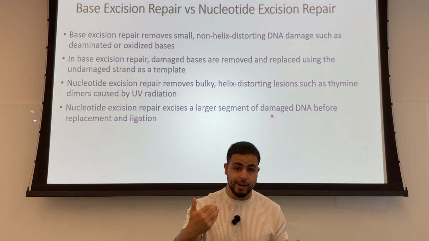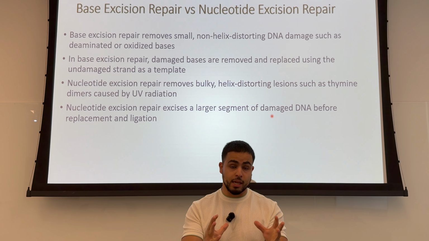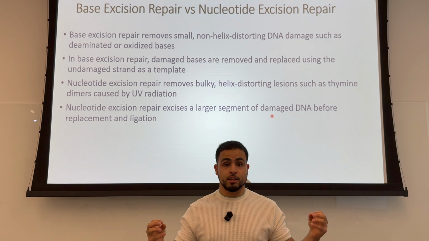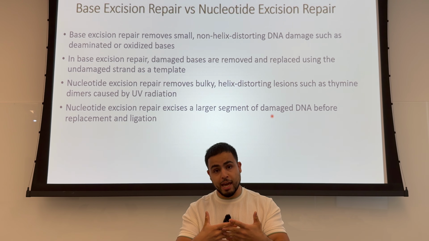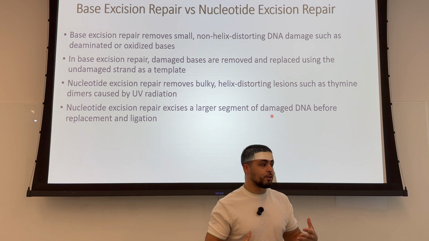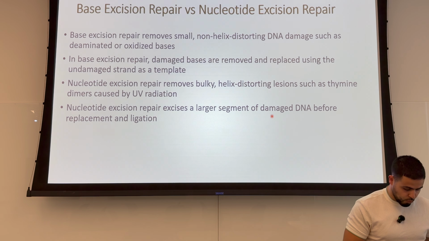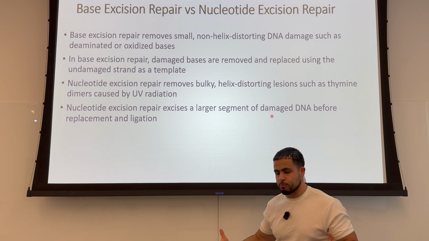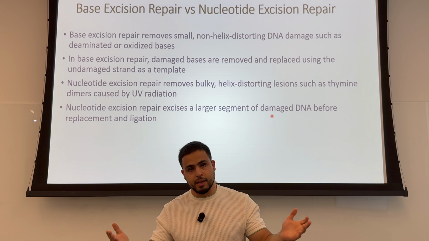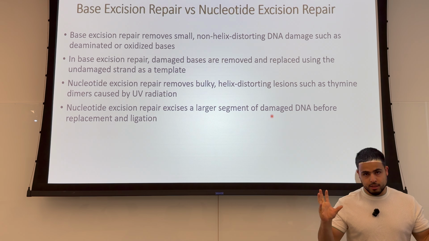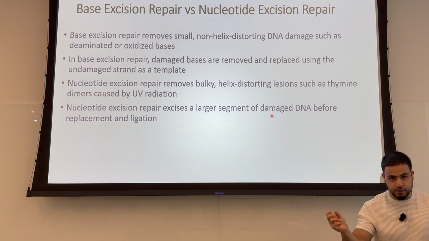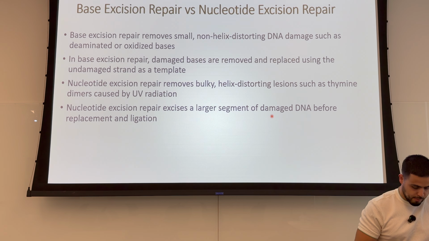So essentially UV radiation damages the DNA in a manner where two thymine bases next to each other will form this dimer, and that has to be repaired through nucleotide excision repair. And then again, DNA polymerase, based on the other strand, can lay out the correct and functional nucleotides, and ligase can come and fill in or seal the gap over there.